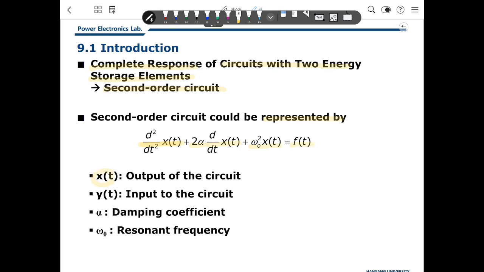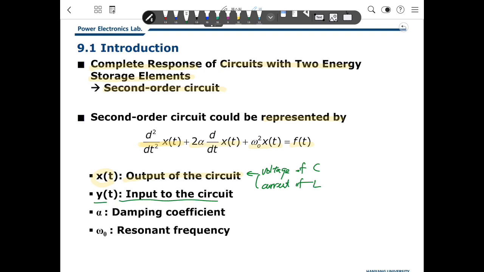We call x the output of the circuit, a variable which could be the voltage of a capacitor or the current of an inductor.